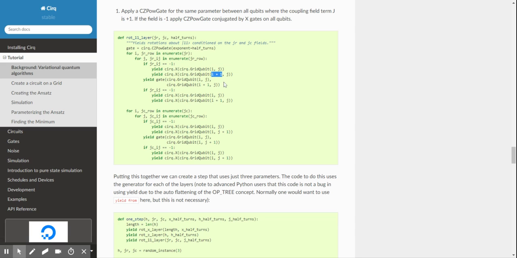Okay. So you apply an X gate, and then you apply, I don't get it.